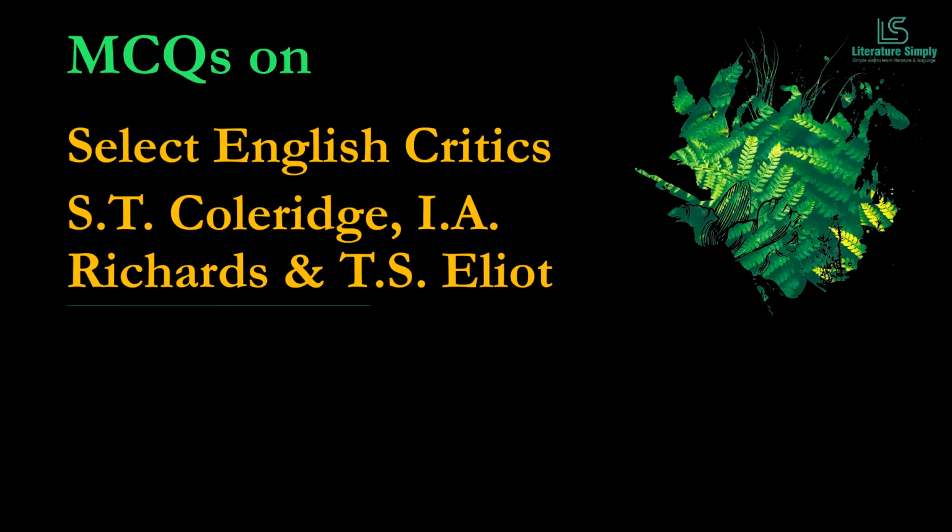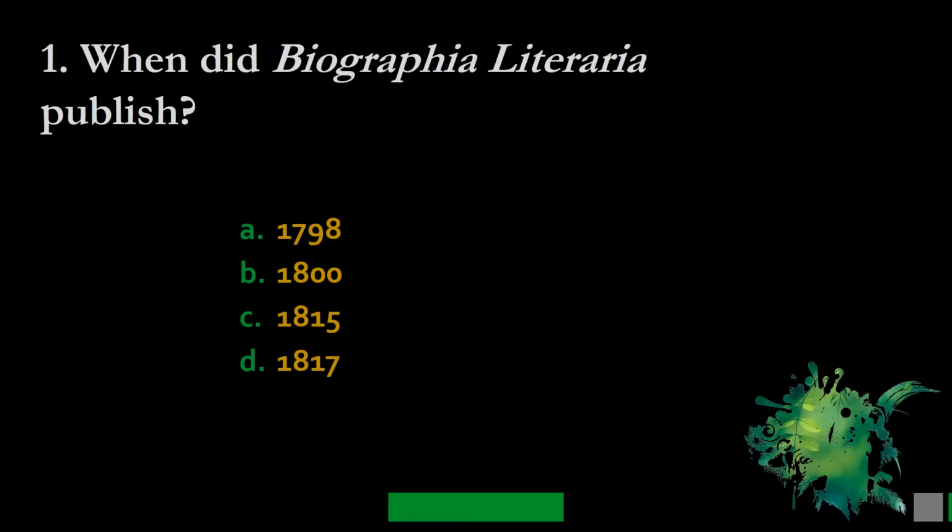So dear students, here we have select English critics S.T. Coleridge, I.A. Richards and T.S. Eliot, and we also talk about the work called Biographia Literaria and the essay called Tradition and Individual Talent. More focus will be on these two works in literary criticism which are very significant. So here we have the first question.